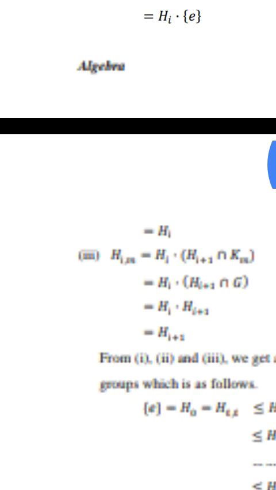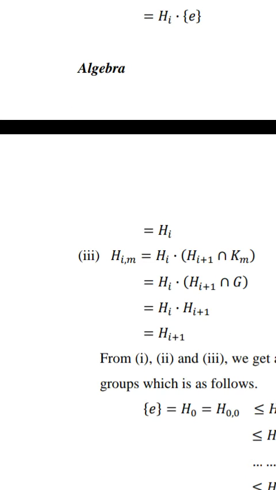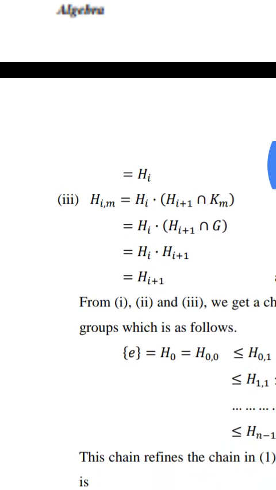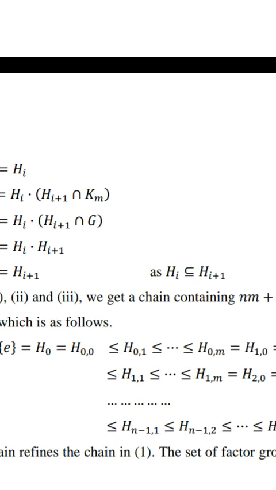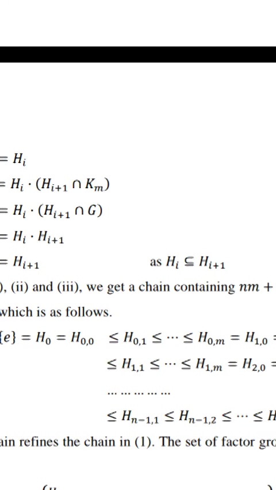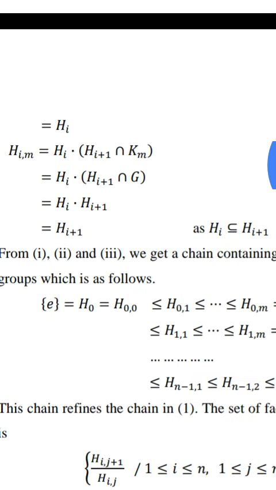Now Hi(Hi+1 ∩ Km) = Hi(Hi+1 ∩ G) = Hi Hi+1 = Hi+1, for Hi is a subset of Hi+1.